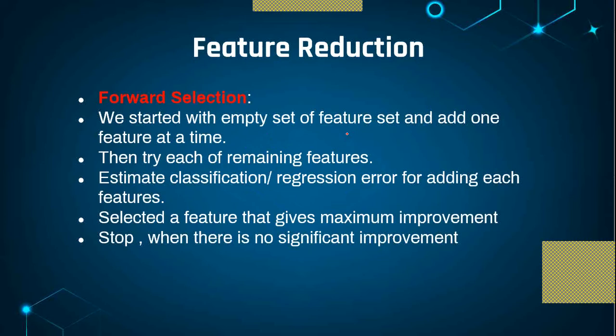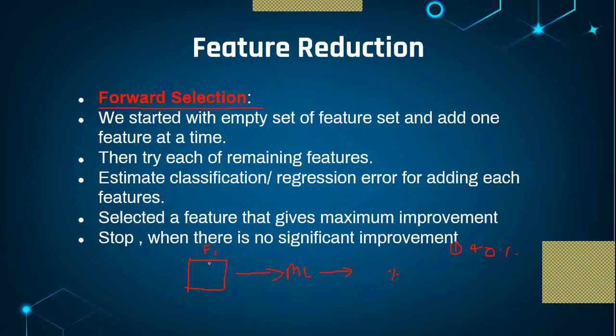So what exactly is meant by forward selection? By the method of forward selection, I am selecting my first feature F1 and providing it to the machine learning model, and then checking the accuracy. Now let us consider for the one feature, the accuracy is only 40%.